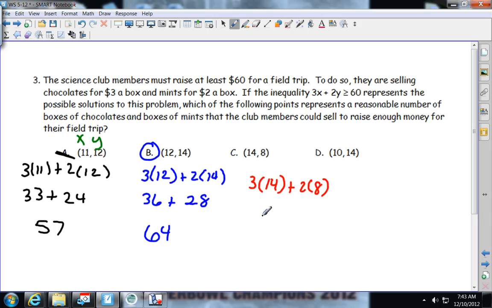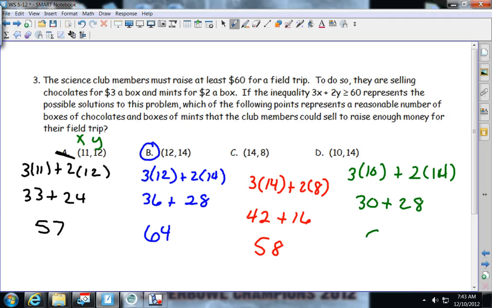What is 3 times 14? 42 plus 16, which is 58. That doesn't work. Then I have 3 times 10 plus 2 times 14, which is 30 plus 28, which is 58 again. So the only answer we have is B.